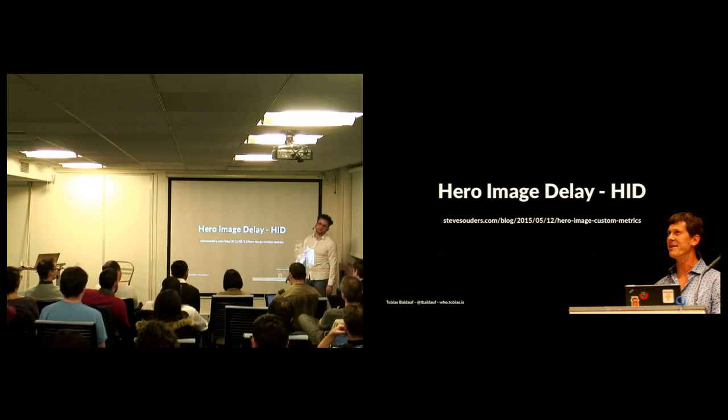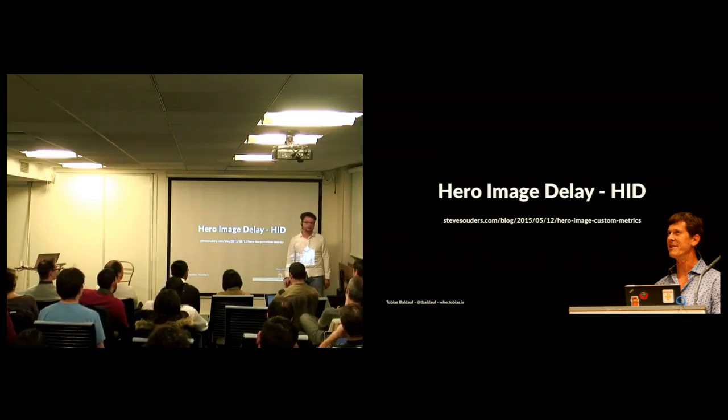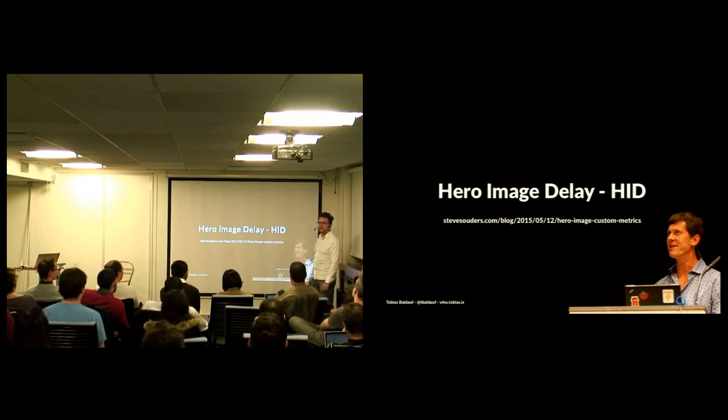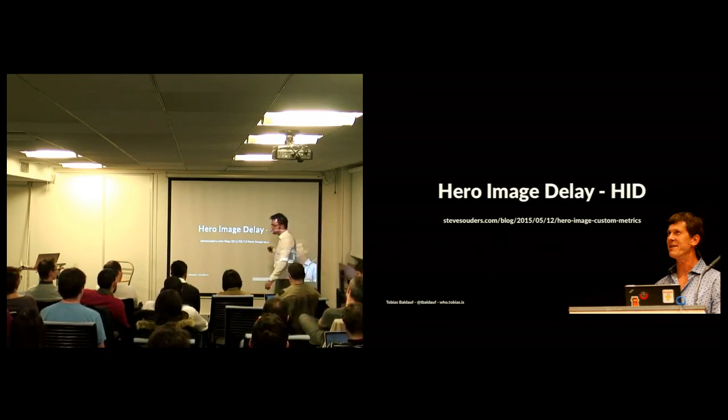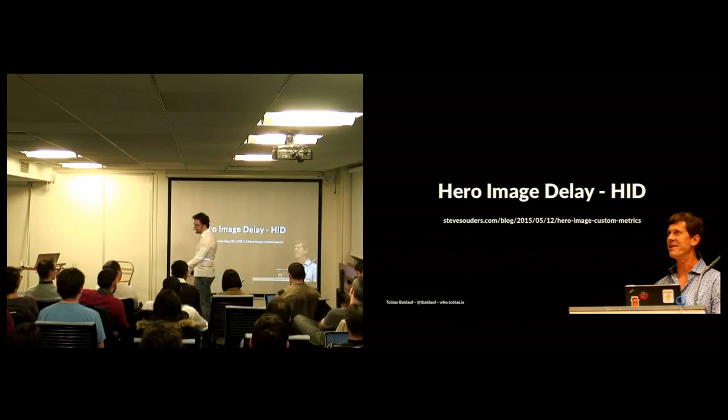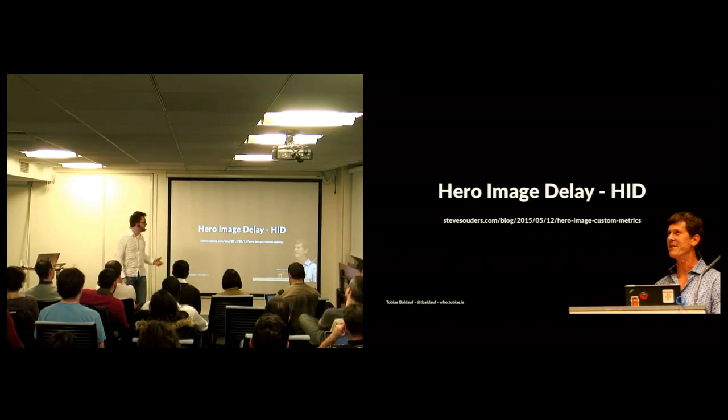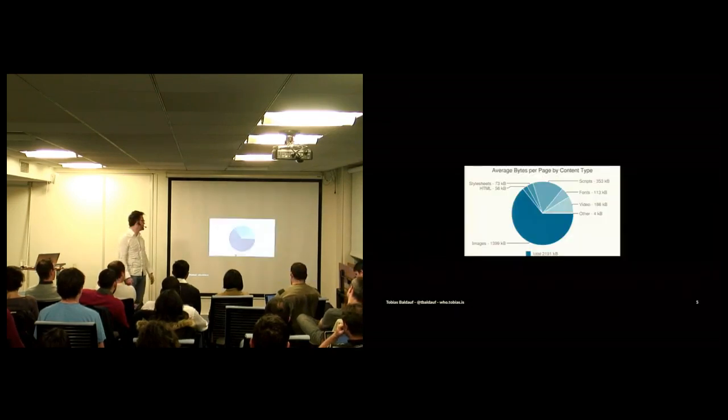And the hero images have caused such a big problem that they also have a name in the web performance community, namely the hero image delay, HID, H-I-D, coined by Steve Souders in his blog post. The reason being that these hero images are almost certainly the largest image on a website. These images are also the slowest to load. So as web performance engineers, these are images that create a huge problem for us. So what can we do?